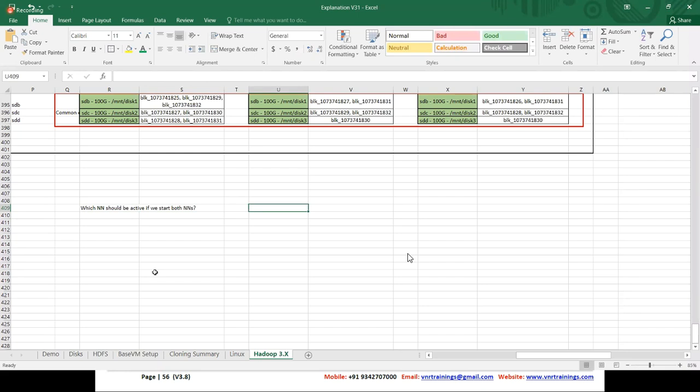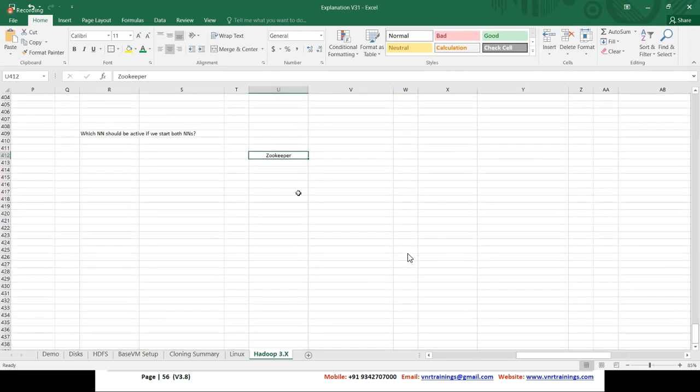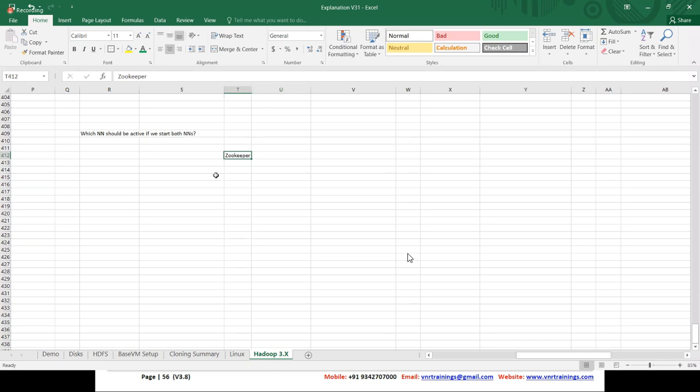So our idea is to bring Zookeeper service here. Later we will understand where to install Zookeeper and all. But our idea is to bring the Zookeeper service here, and using this Zookeeper service, we need to manage both the name nodes.